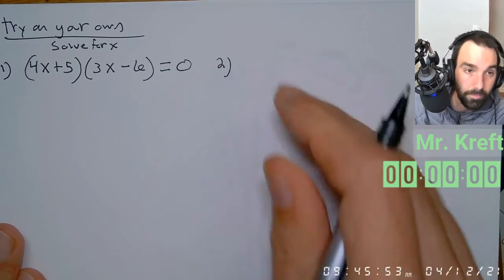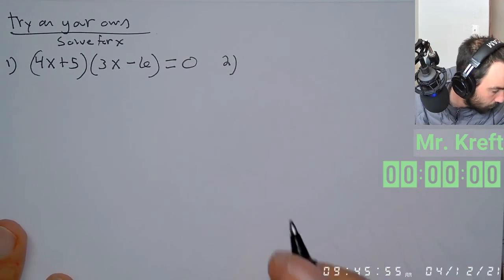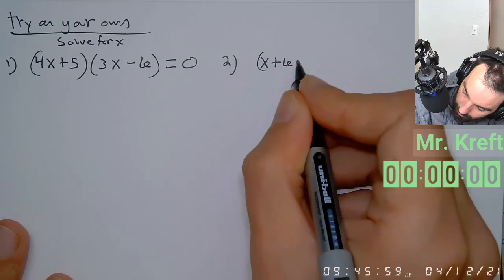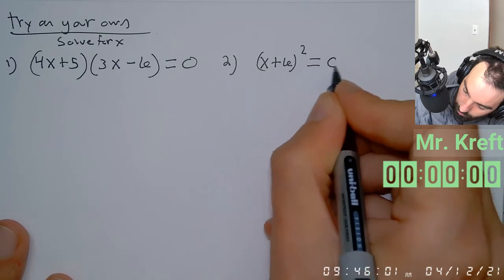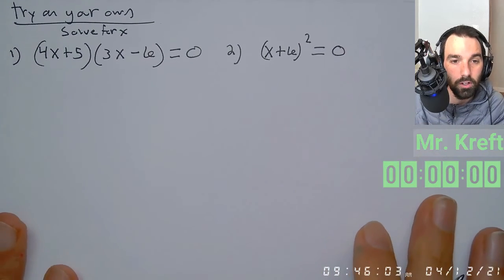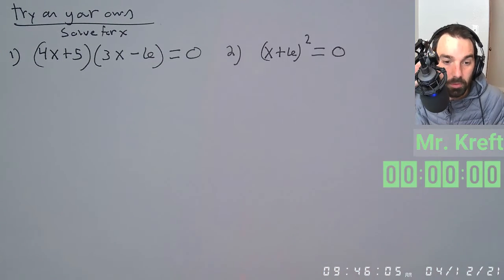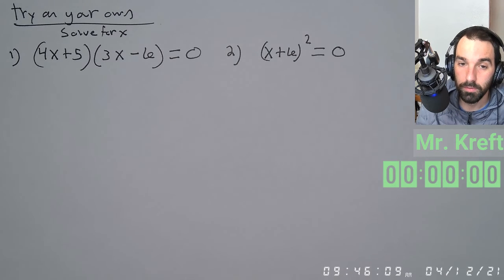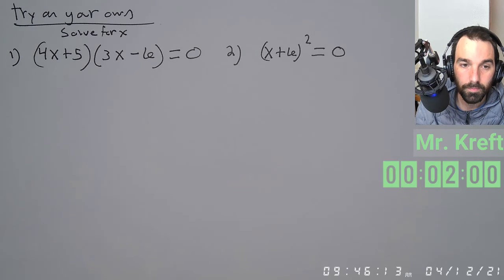And then your second one, I'm going to have you do x plus 6 quantity squared equals 0. So I want you to solve both of those, and that's how we're going to finish up class today. We should give you a little bit more time to do that.